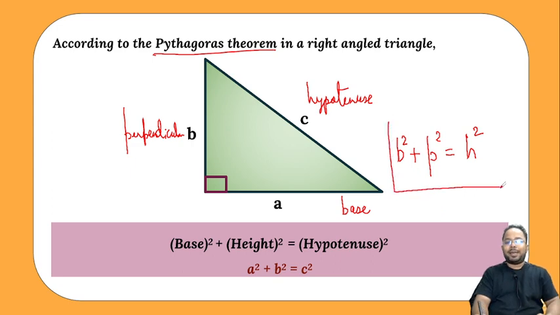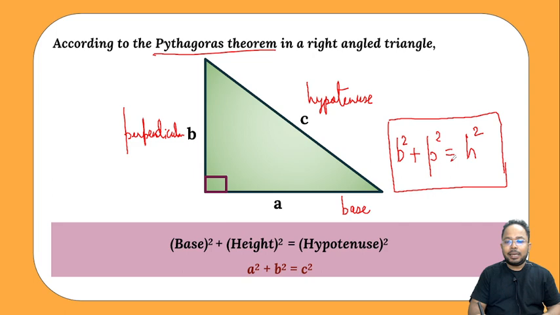So we can say that base square, that is b square plus p square or p square plus b square, not an issue, is always equal to h square for a right angle triangle. This is the Pythagoras theorem, which says hypotenuse square is equal to the base square plus perpendicular square.